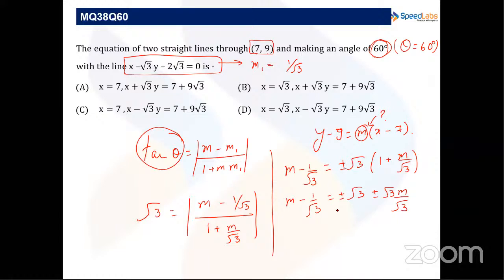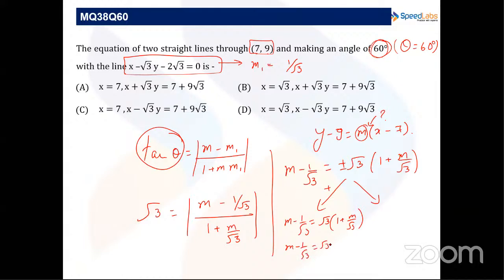So let's take the positive sign first. Taking positive sign, m minus 1 by root 3 equals root 3 plus m.